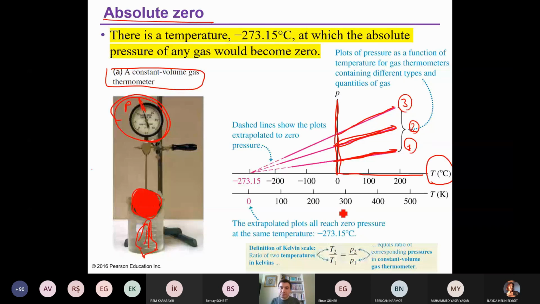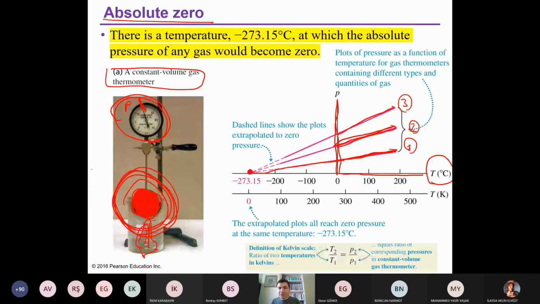But if you decrease the temperature, what will happen? Just consider that here you are using a cooling source. Then you cool down the gas. So what will happen to the pressure? If you cool the gas, then pressure will decrease, and finally here at this point, gas pressure will go to zero.